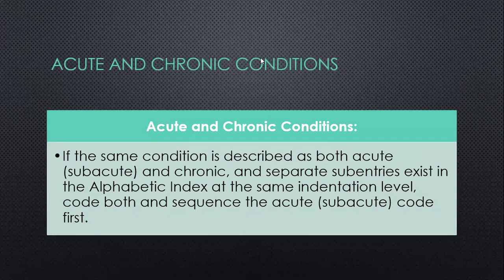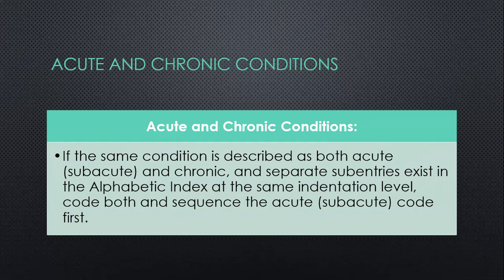So now let's get a little bit further into acute and chronic conditions. We were talking earlier about how there are some diagnosis codes that encompass both the acute and the chronic condition. And then there are conditions like, say, for instance, acute kidney failure or acute kidney disease and chronic kidney disease.